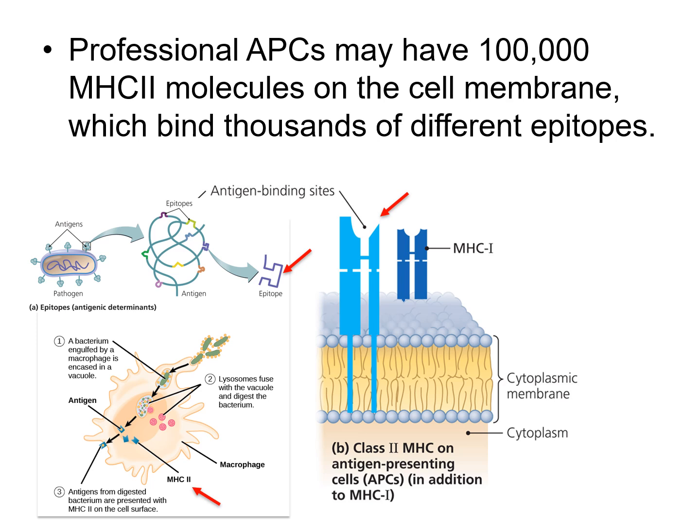The professional antigen presenting cell may have 100,000 MHC2 molecules on the cell's membrane, which binds thousands of different epitopes.